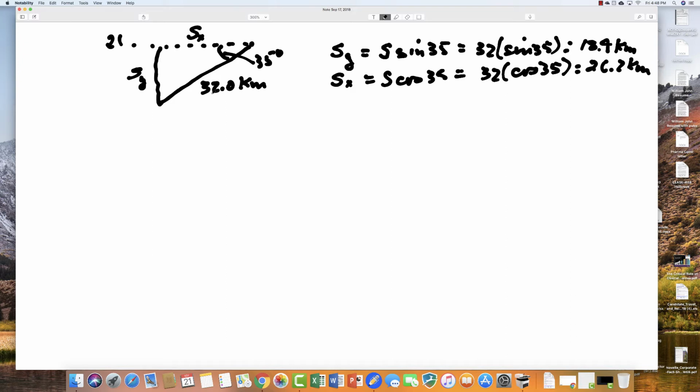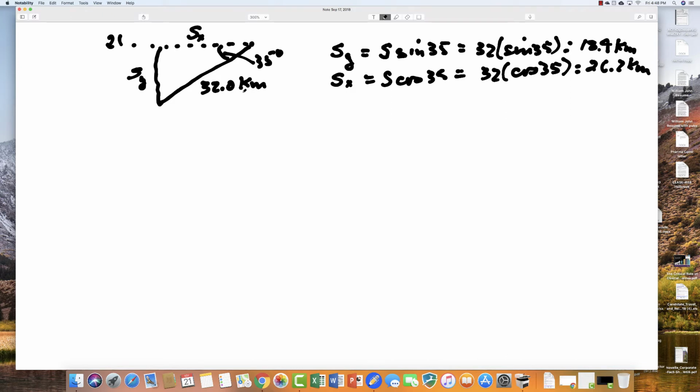Now the next question states, find the distances you would have to fly first in the 45 degrees south of west and then 45 degrees west of north. Now this is essentially rotating the entire situation by 35 degrees or 45 degrees.